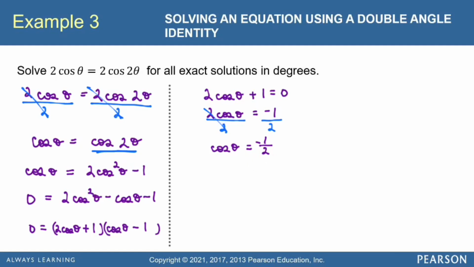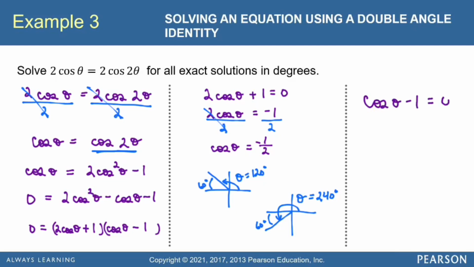So cosine values are negative in quadrant 2 and also quadrant 3. This 1/2 we know is the cosine of 60 degrees. So now we know that the reference angles are 60 degrees. That would make the quadrant 2 solution 120 degrees, and the quadrant 3 solution would be 240 degrees.